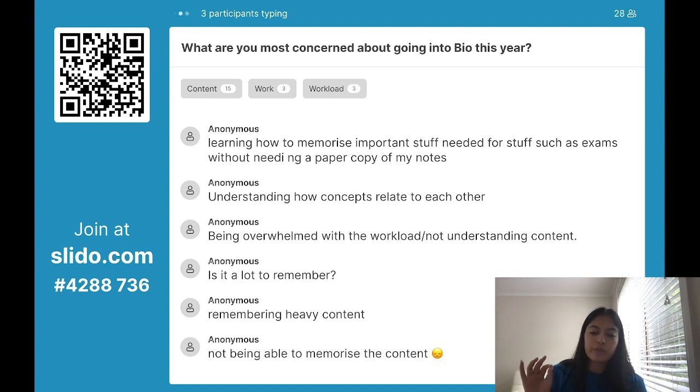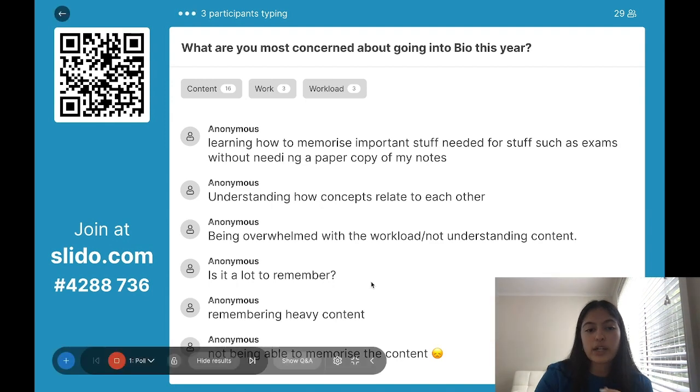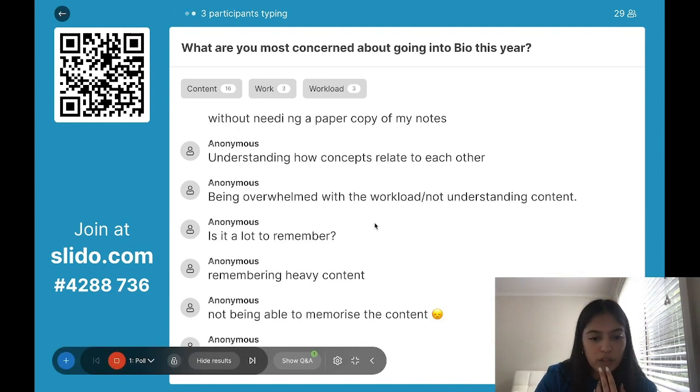Bio in year 12 has a very specific way of marking and a very specific way of answering questions, and mastering those skills as best as you can in year 11 is a really good thing to try to do. Hopefully that makes sense.